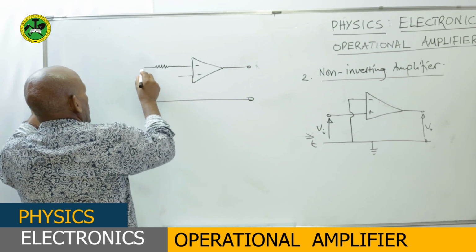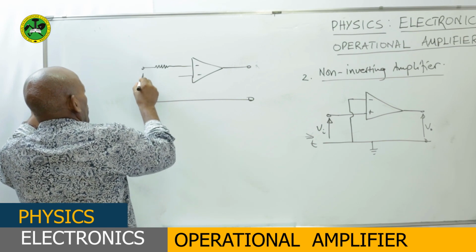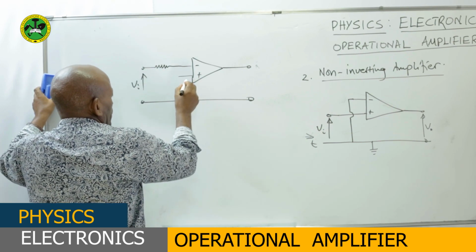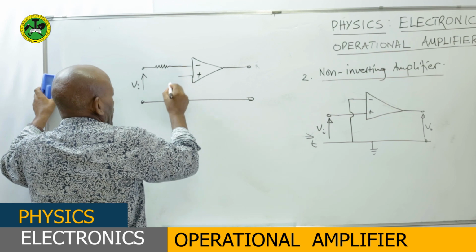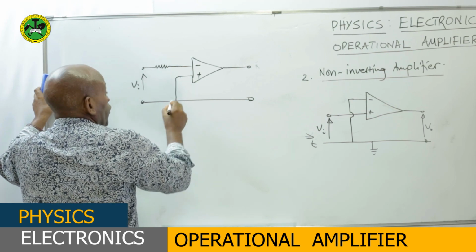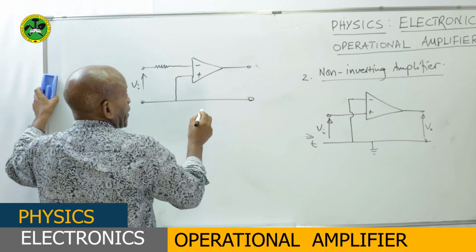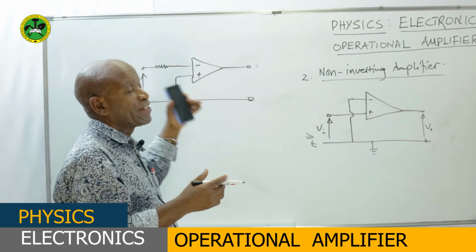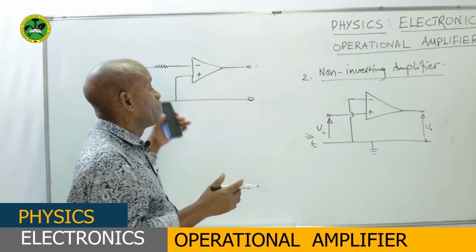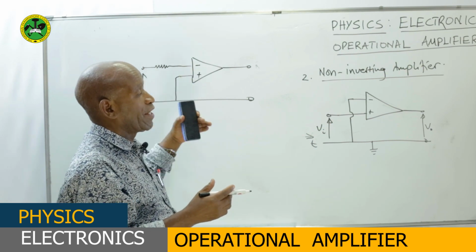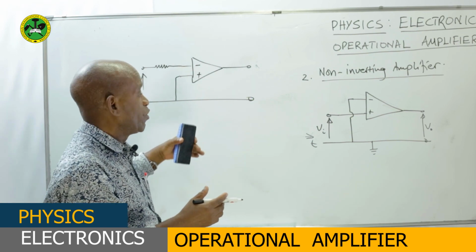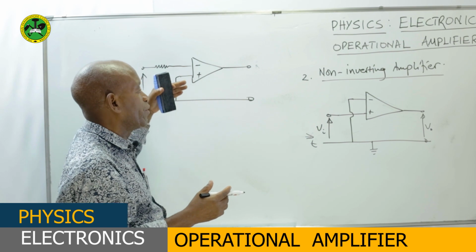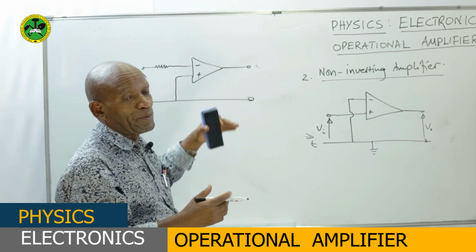If the input voltage is applied across here, this is inverting and non-inverting. In negative feedback, some part of the output signal is brought back to the inverting terminal of the input signal. Whenever this signal is brought back to the inverting input terminal, it really reduces the input signal.